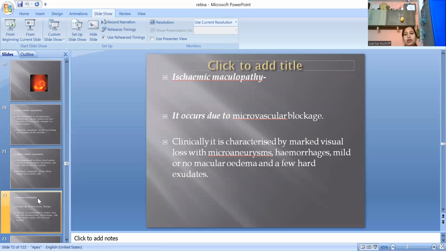Now, the ischemic maculopathy has worse prognosis. So, it is very important to distinguish ischemic maculopathy from other maculopathy. It occurs due to microvascular blockage and has worse prognosis. It is detected in FFA. Clinically, it is characterized by marked visual loss with microaneurysms and hemorrhages.